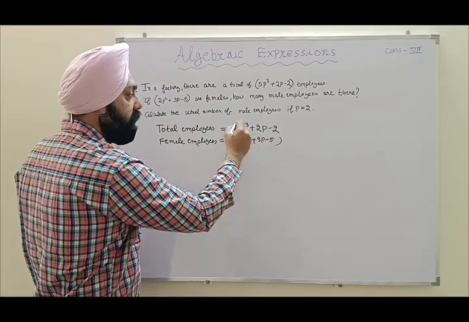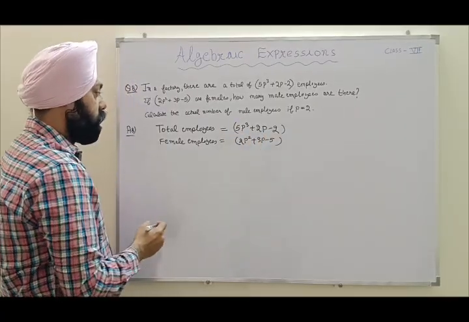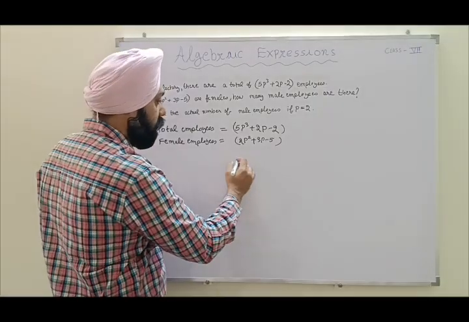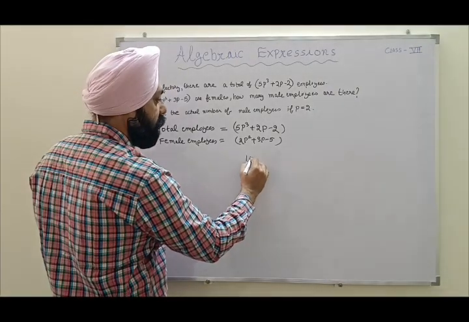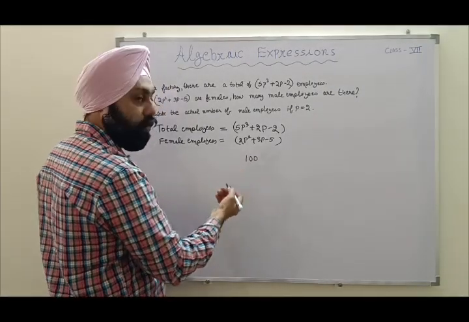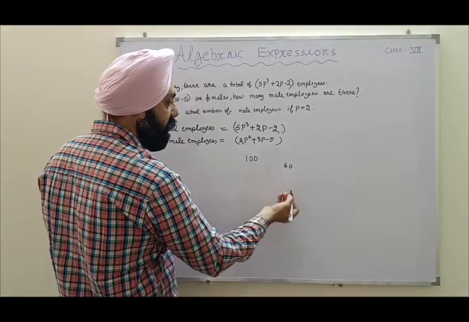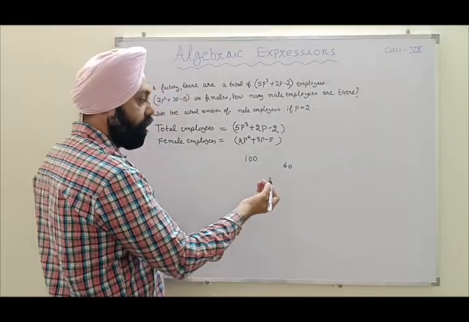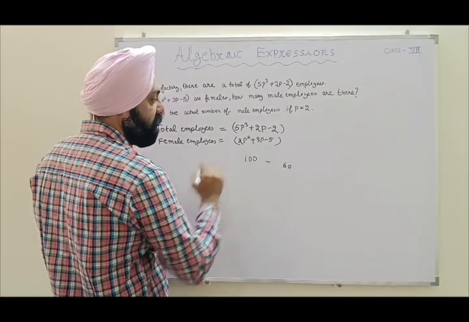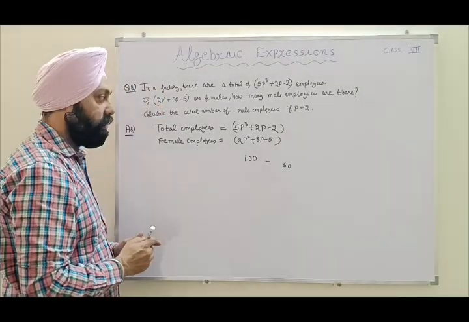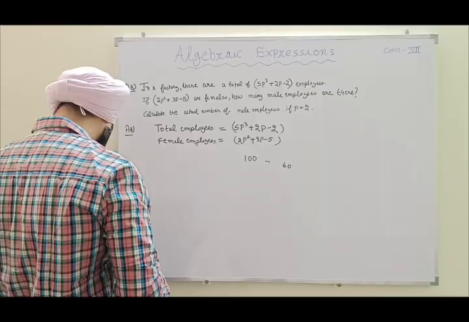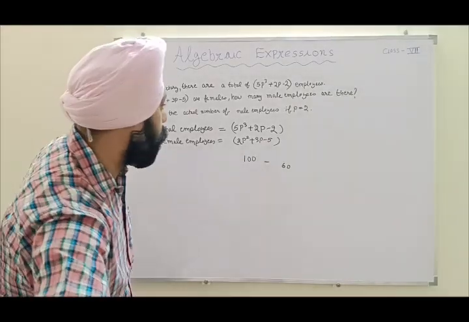So we can put them in brackets. Suppose there are 100 employees, out of which say 60 are females. To find the number of males, we will simply subtract these two numbers. So the same we have to do with the help of subtraction.